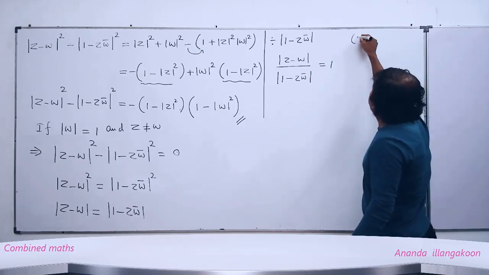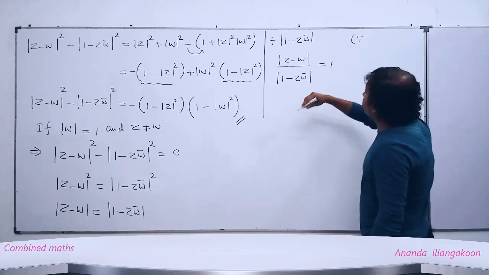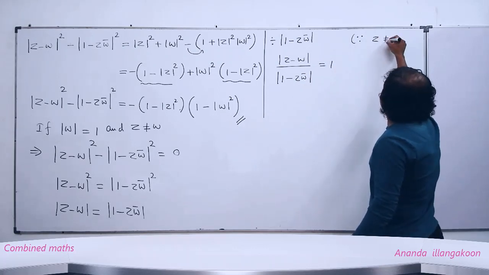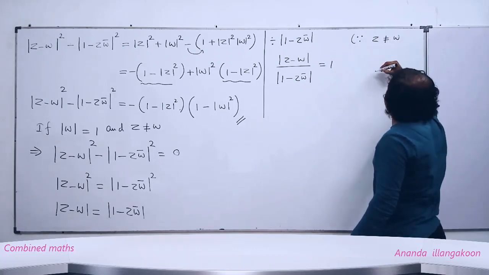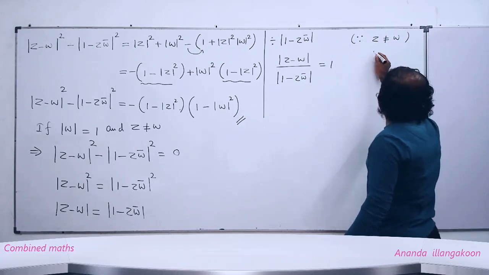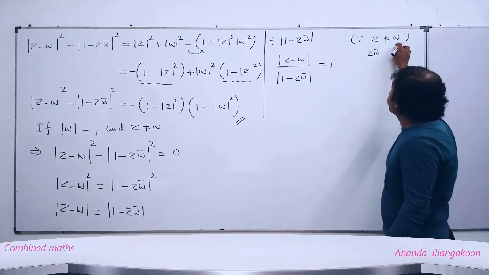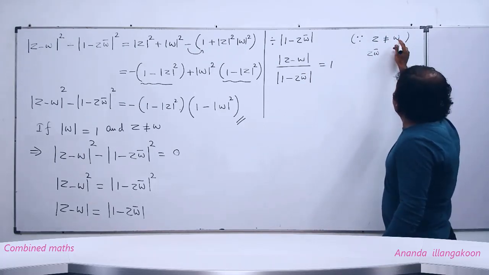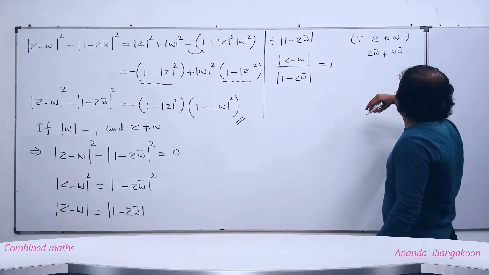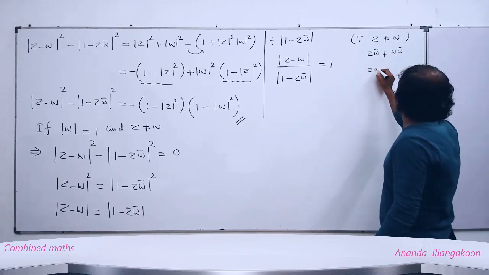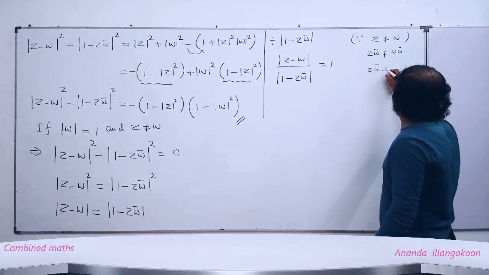We are given that z, complex number, is not equal to w. Then I am going to multiply both sides by w bar. When I multiply both sides by w bar, still this inequality sign will be there. Then what is w bar?